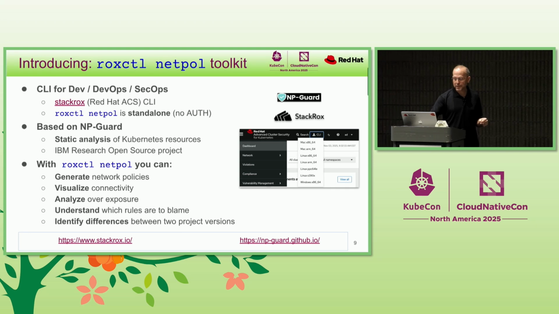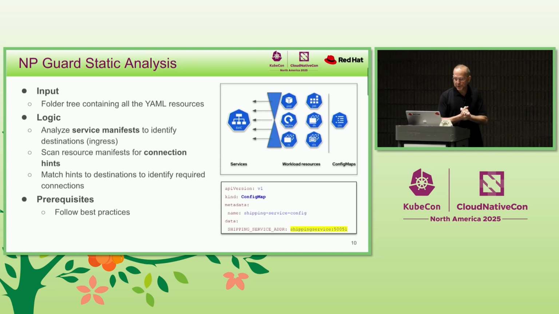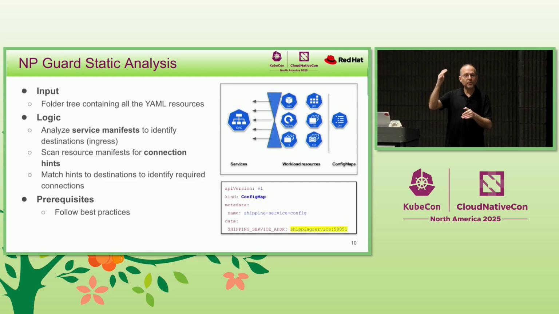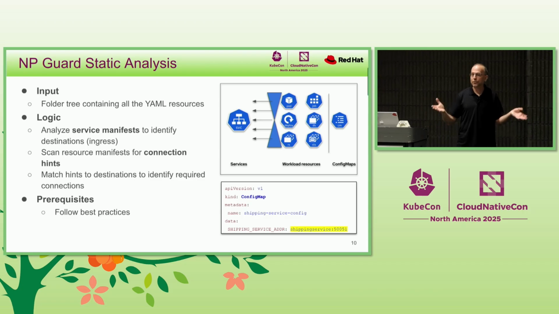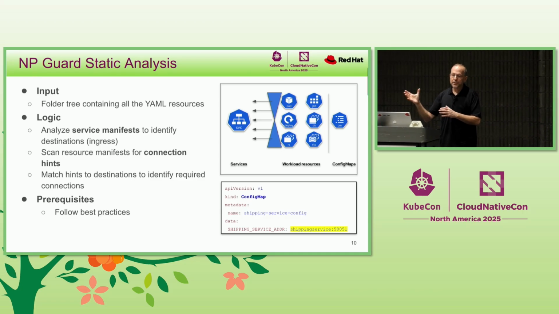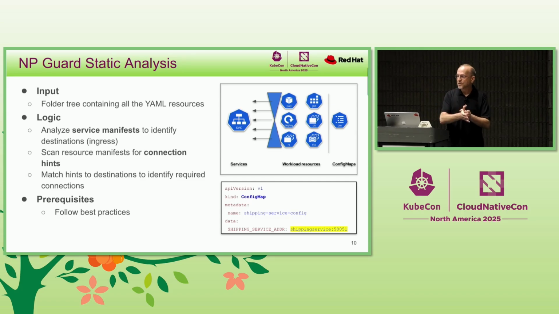Diving into that a little bit, the way this works is, as an input, we take the root folder, or set of folders, that contain all your YAML resources, including network policies, if there are any. The logic is we start by looking at the services.